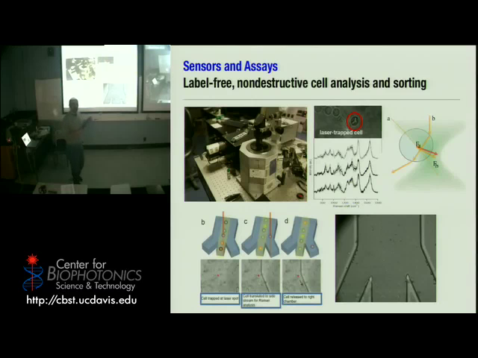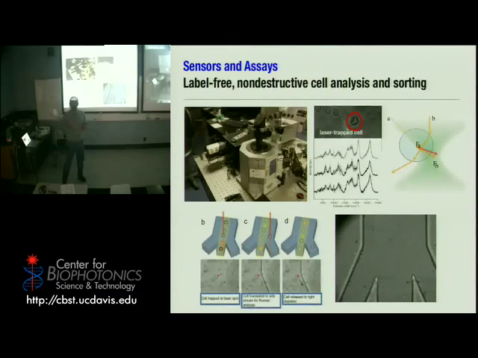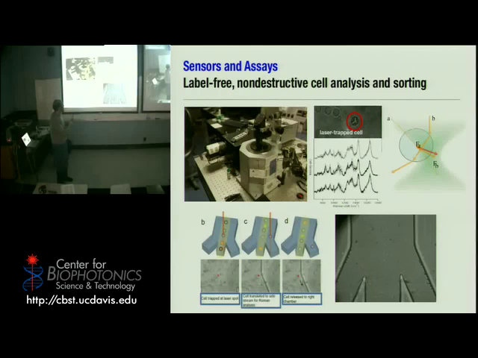Okay? So what this can do, not only can it grab cells and move them, this is a continuously flowing system that allows you to bin things. But when it's grabbed something, it can do something called a Raman spectrum. It can look at how energy interacts with that cell and generate something that looks like this. And you guys see how there's two different spectra there?